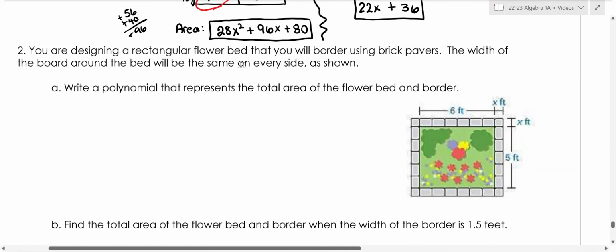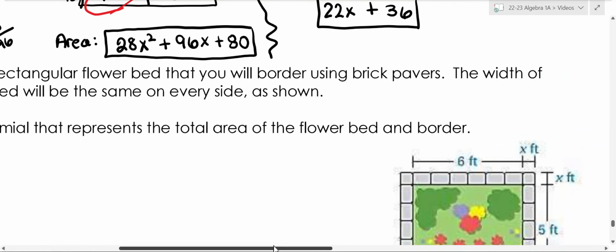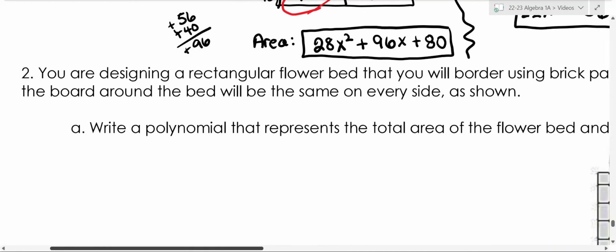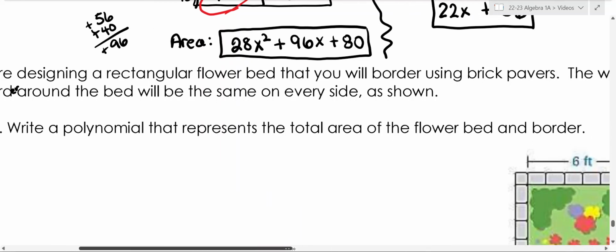You're designing a rectangular flower bed that you will border using brick pavers. As you can see in the picture, there's your garden, and then those are your brick pavers all along. The width of the border around the bed will be the same on every side as shown. So let's see what's shown.